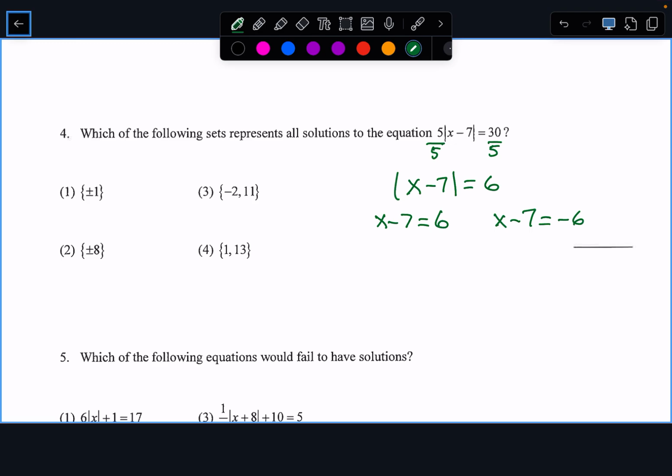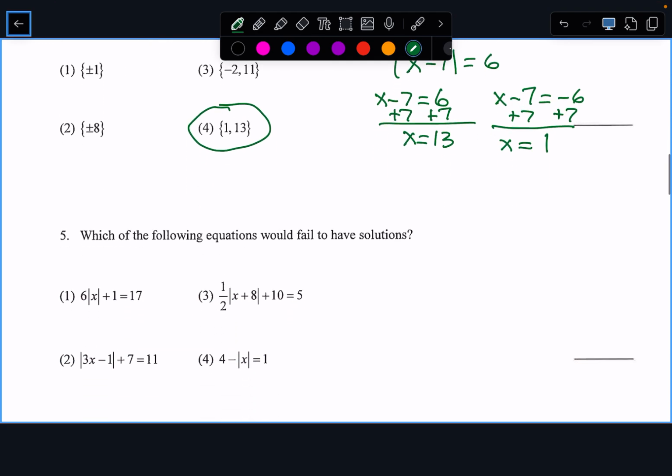We're making what's inside negative, not the other side. So we're going to add 7. This is x is equal to 13. We're going to add 7, and this is x is equal to 1. So this is choice number 4.